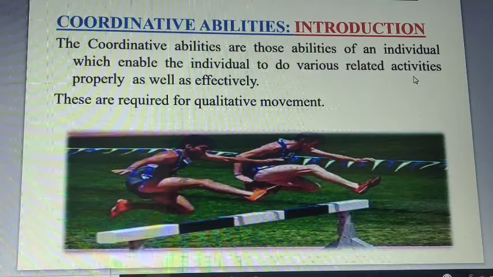In this diagram, I hope you can see and understand what is going on. While running at a fast pace, these players, these athletes, are able to cross this hurdle very smoothly. They can jump while running with great speed. So what is this? This is coordinative ability. Coordinative abilities are those abilities of an individual which enable the individual to do various related activities properly as well as effectively.